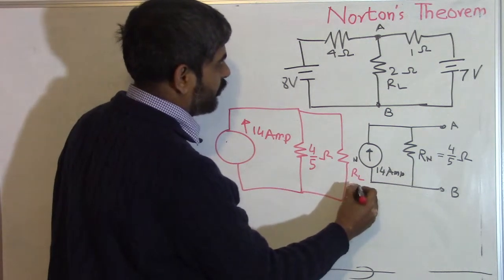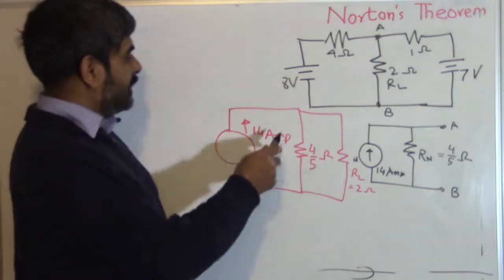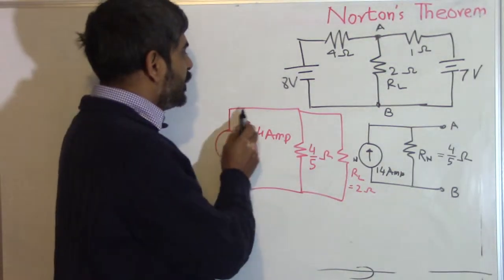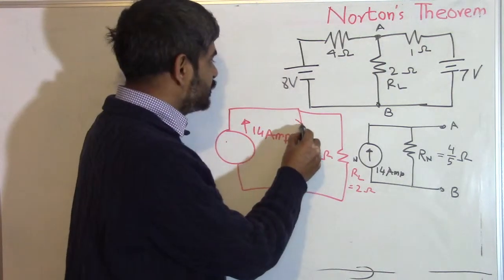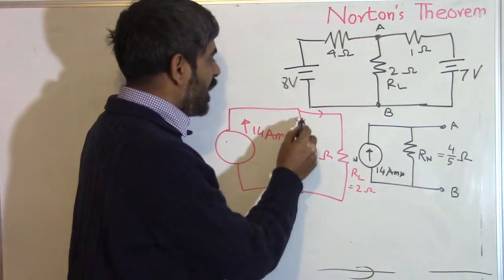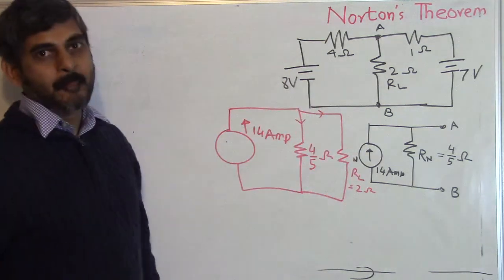We need to find for 2 ohm. In this circuit, this 14 ampere current starts flowing and is distributed in these two branches, one here, one here.